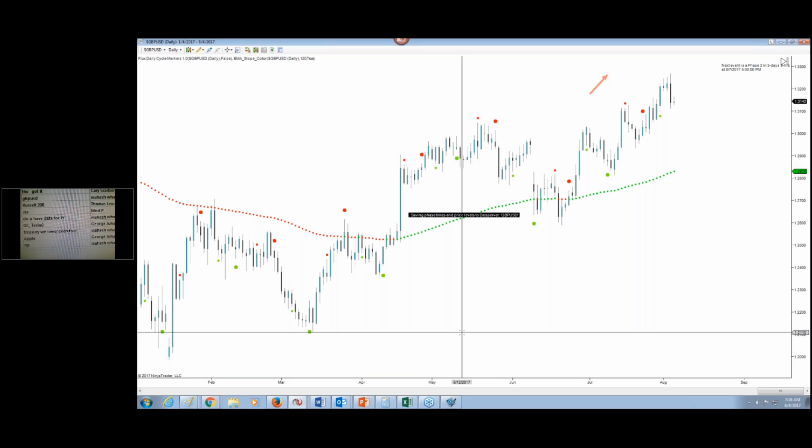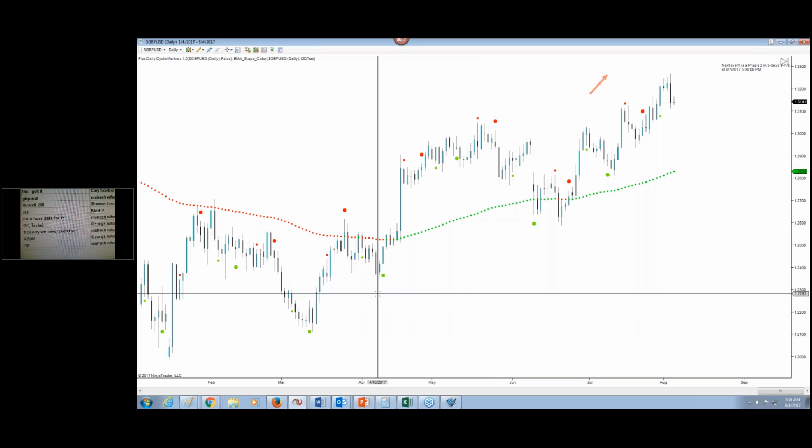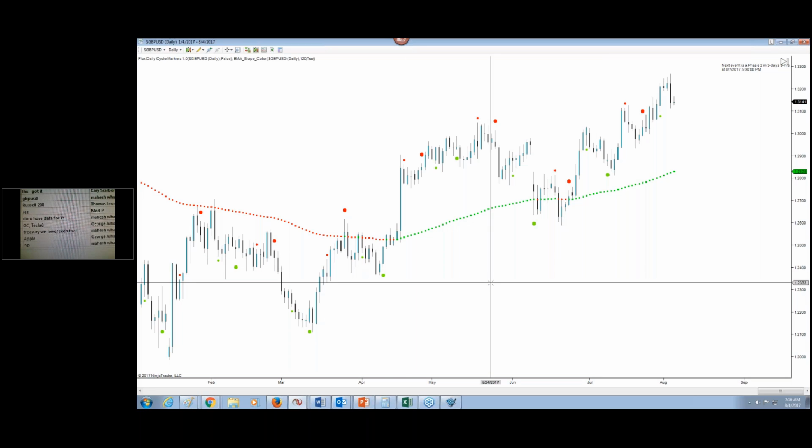There's no repainting, no signals disappearing, reappearing. The date that it was supposed to get there is the date that it got there, and that's the date that it stays on. Having a predictive piece of software has many advantages, including that.